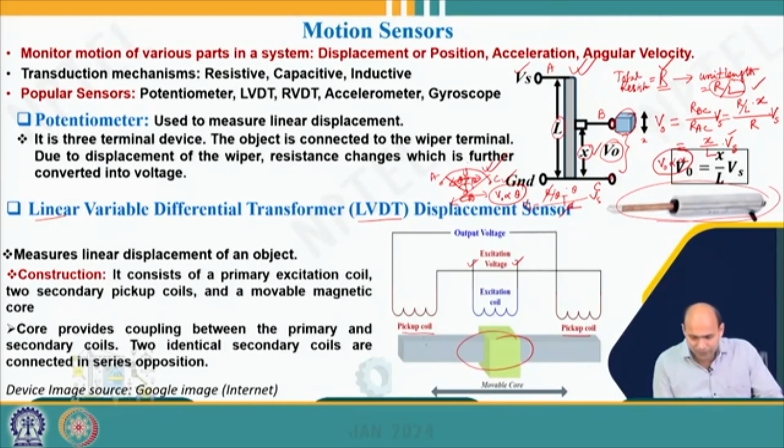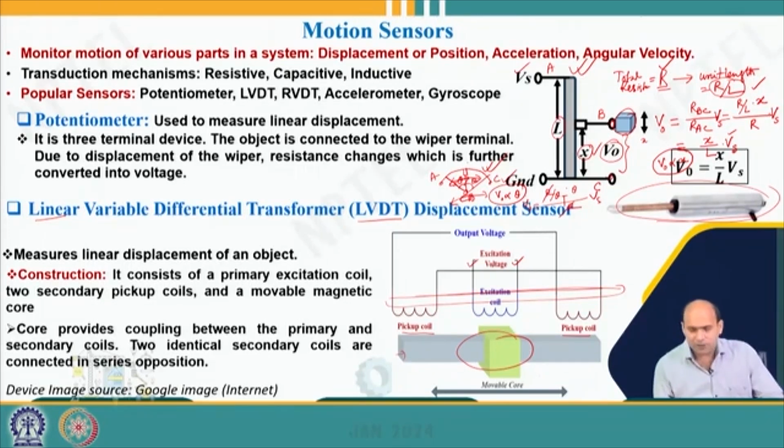There will be a former around which the one primary coil and two secondary coils will be wrapped, the primary coil in the middle position and the two secondary coils on either side of the primary excitation coil, and there will be one core. This core will of course be made of some ferromagnetic material, so that depending on the core position, voltage will be induced in the two secondary pickup coils.